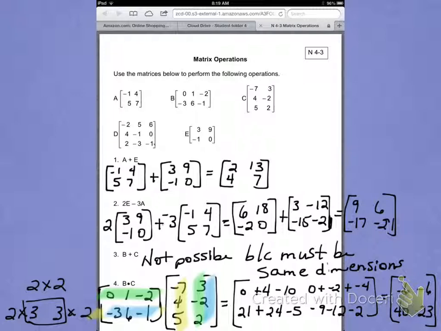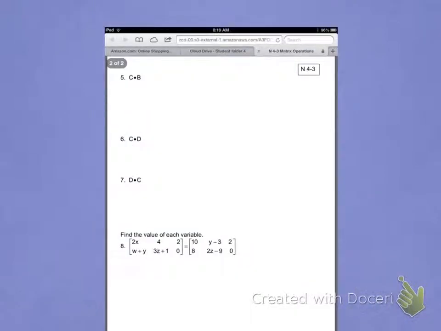Okay, let's go to our next page to look at these problems. Now we have C times B. Well, C is a 3 by 2 matrix, and B is 2 by 3, which means that our answer matrix is going to be 3 by 3.